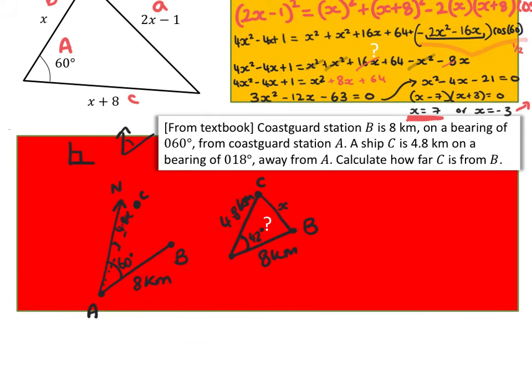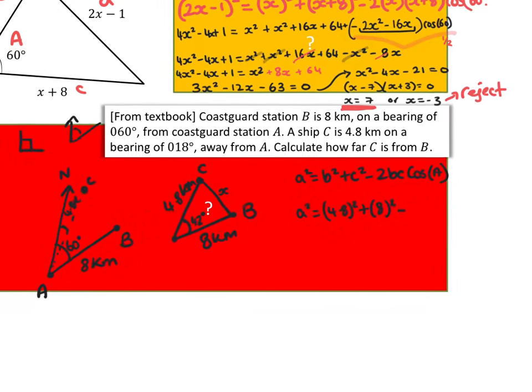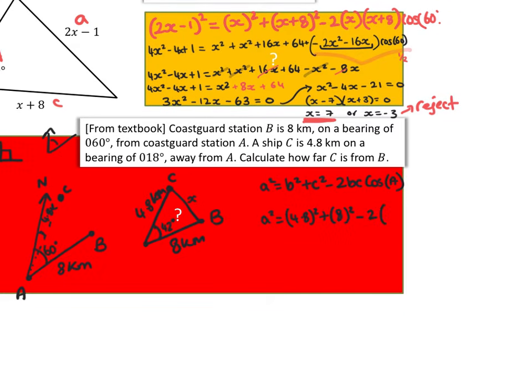We are now able to use the formula a squared equals b squared plus c squared minus 2bc cos A, okay? So we're going to get a squared equals 4.8 squared plus 8 squared, minus 2 lots of 4.8 lots of 8 cos 42 degrees.